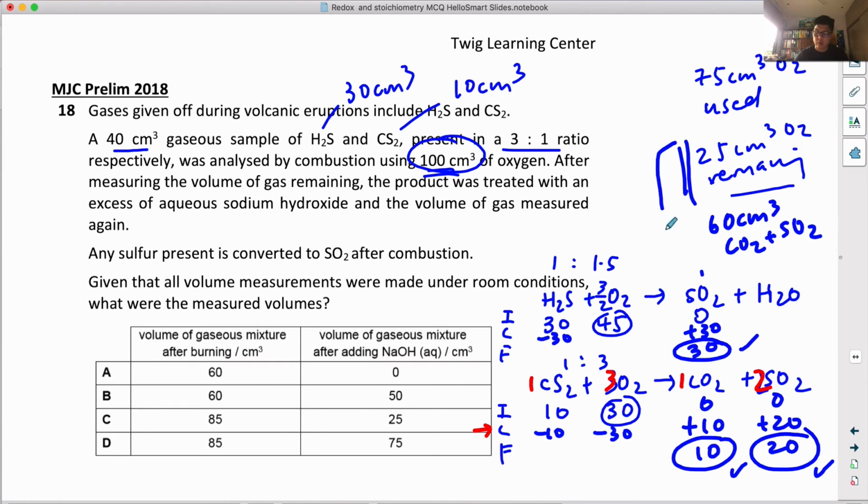So the amount of gases remaining should be 85. So the volume of gas after adding sodium hydroxide: sodium hydroxide is a base. It will absorb all the acidic gases, leaving only the oxygen behind. So the volume of gas mixture after adding sodium hydroxide has to be 25. So the answer is C for this. Okay, let's look at the next question.